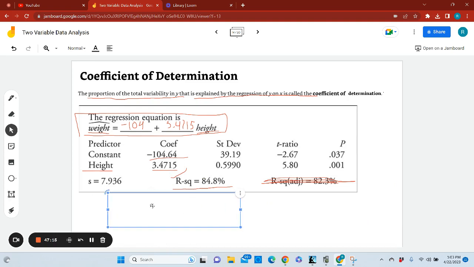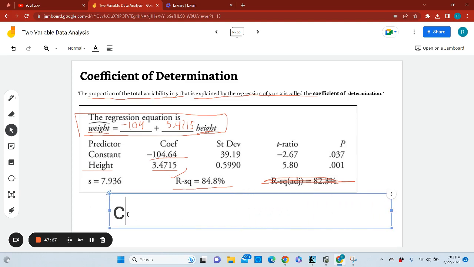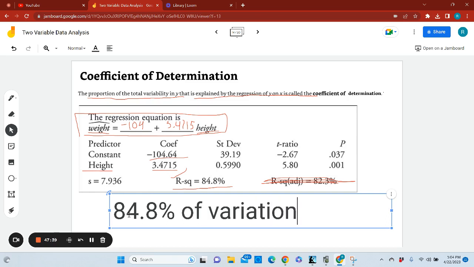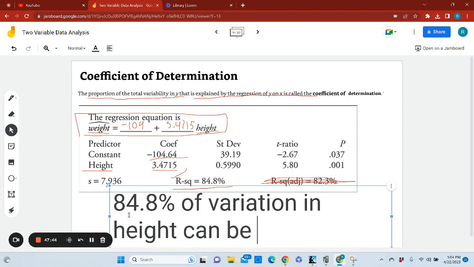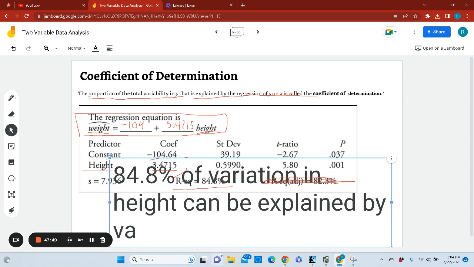If you are asked to interpret R squared, let's type it out. I would say here that 84.8% of variation in height can be explained by, or sorry, I have this wrong.